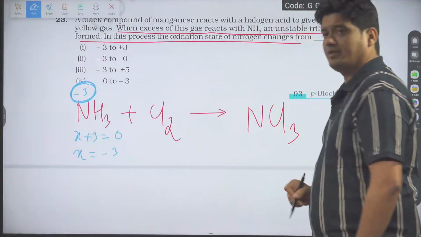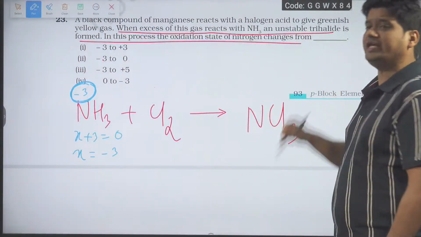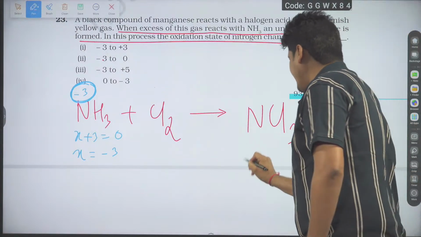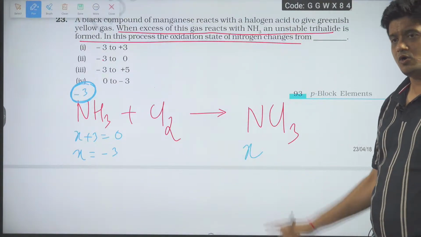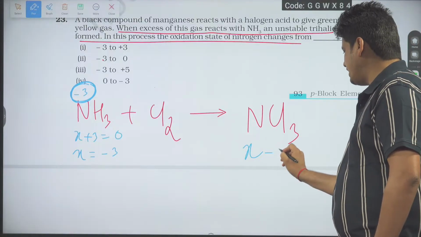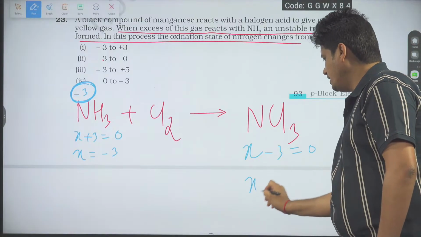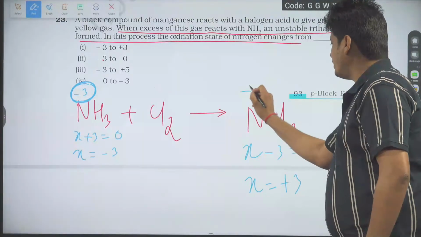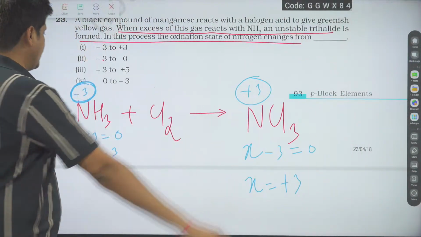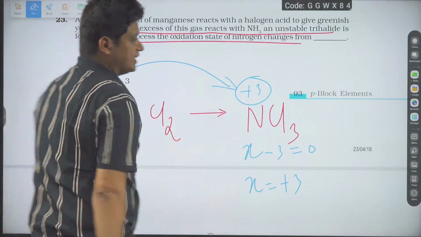So here, chlorine is more EN, so chlorine is going to acquire minus charge. So I will say X for nitrogen. 3 chlorines, I will write minus 3 is equal to 0. Here X is going to be plus 3. So N is here plus 3. So oxidation state is changing from minus 3 to plus 3 here.